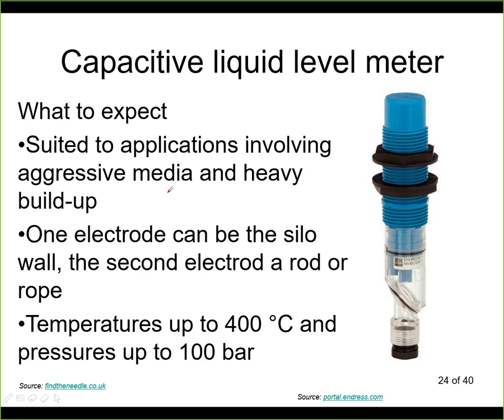Of course it depends on the materials that you have for the electrodes and so on, so it may be a little bit smaller, it may be larger, and it is for about the same pressures. Here the manufacturer is telling that it was suitable for 100 bars, but you may find larger pressures or smaller pressures. You can see a last example here of this capacitive sensor on the right.